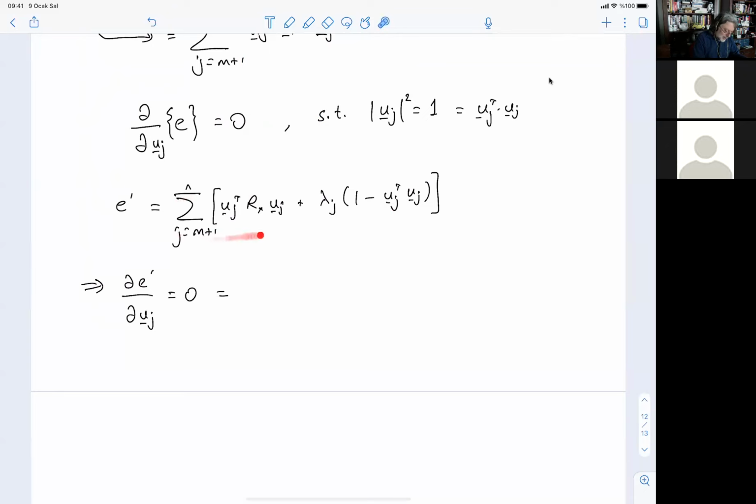It looks a tad complicated, and it is indeed complicated. uj transpose rx, by the way, we have rx matrix here, of course, and uj, and its derivative with respect to uj, what is it? And then we have this term, and we will take the derivative with respect to uj again.